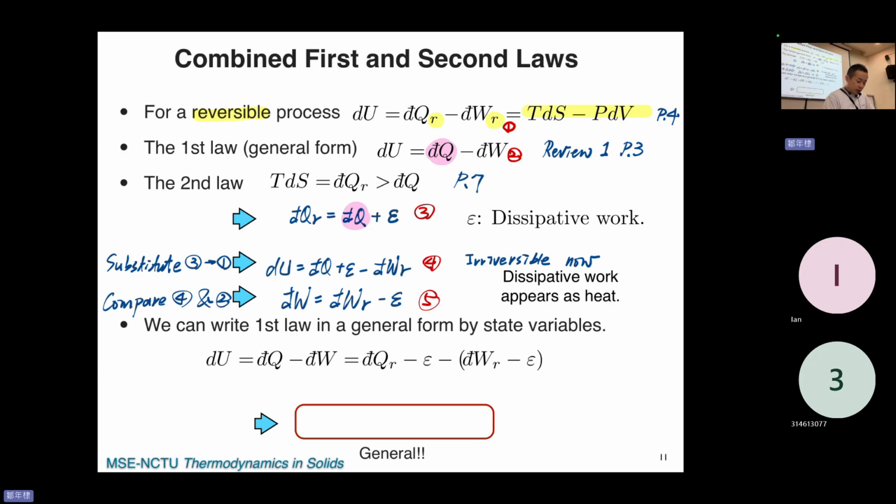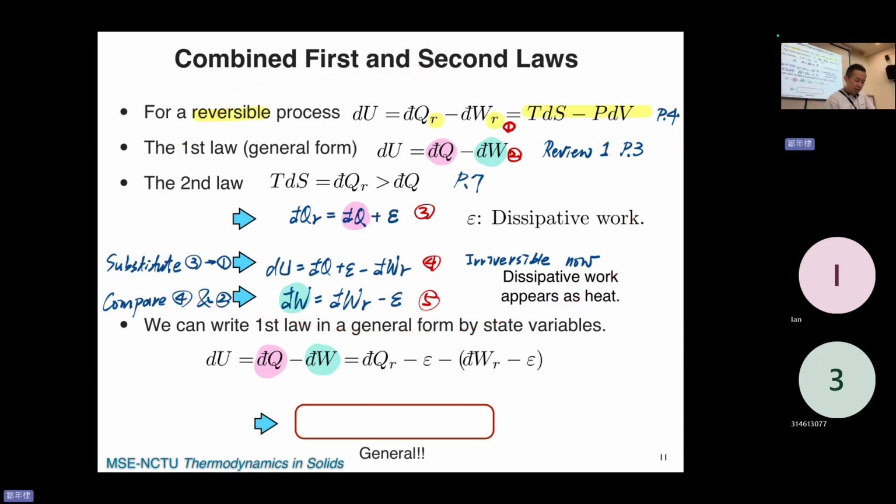Okay, so after we compare, we find that this equation can eventually be written down as d bar Q minus d bar W. You summarize everything above.